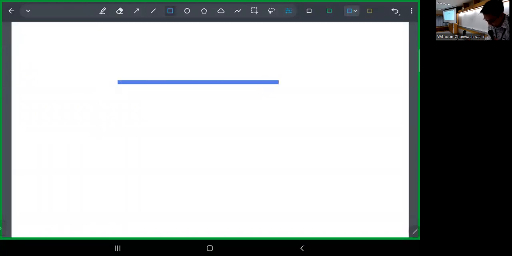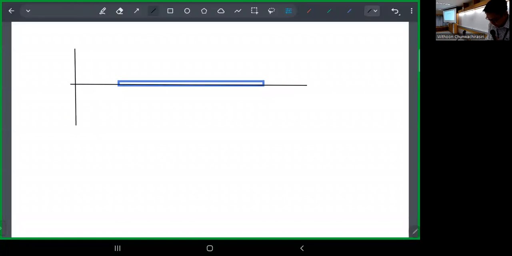So you have a rod of length L, and you place it on the x-axis at a distance a away from the origin. So this is at a. The length of the rod is L, so this end is at a plus L. Remember this problem here? You would like to calculate the electric field at the origin. And we are given that the charge per unit length of this rod is lambda.